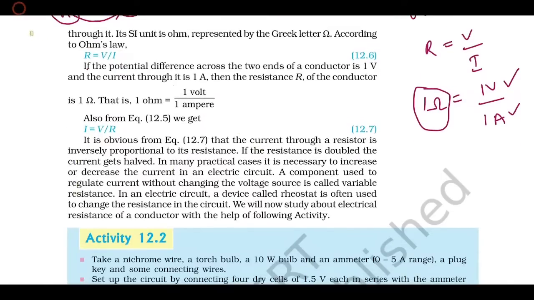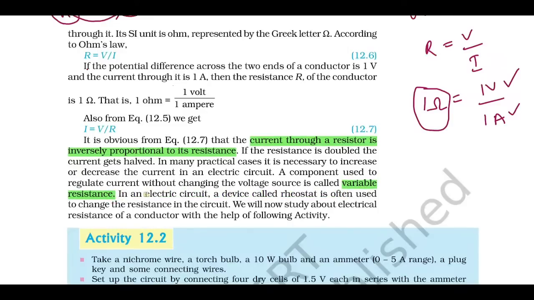You can see this point in the textbook. The current through a resistor is inversely proportional to its resistance. If the resistance is doubled, the current is reduced to half of its value. There are many practical cases where you need to increase or decrease the current. In those cases, we use a component called a rheostat, or variable resistance.